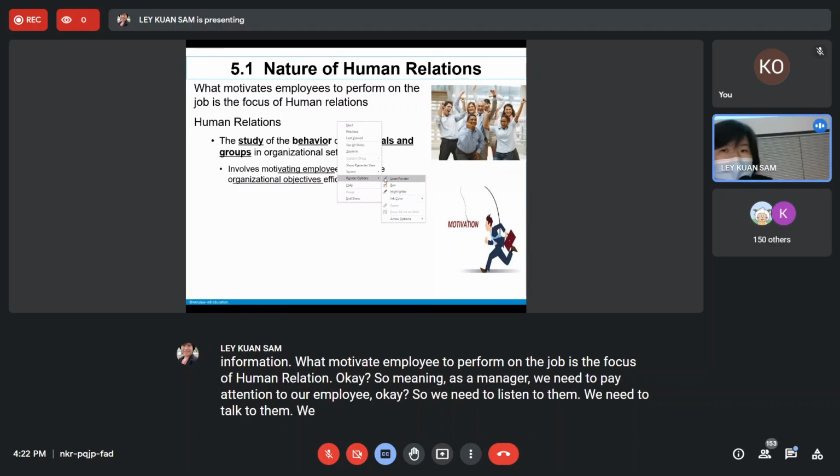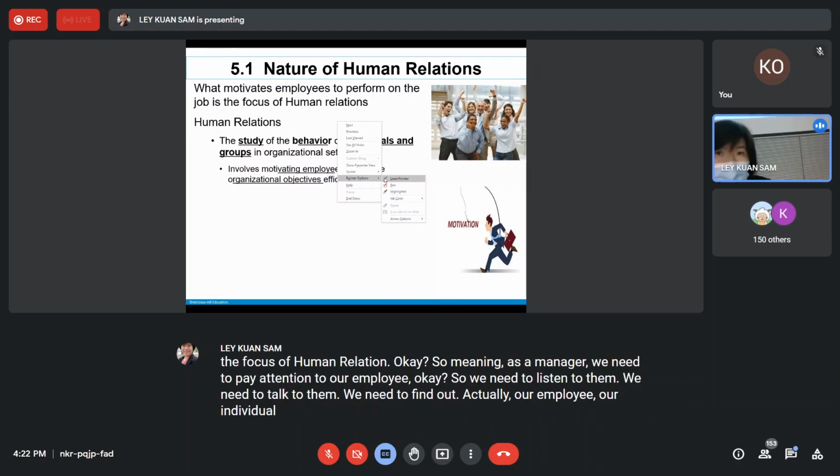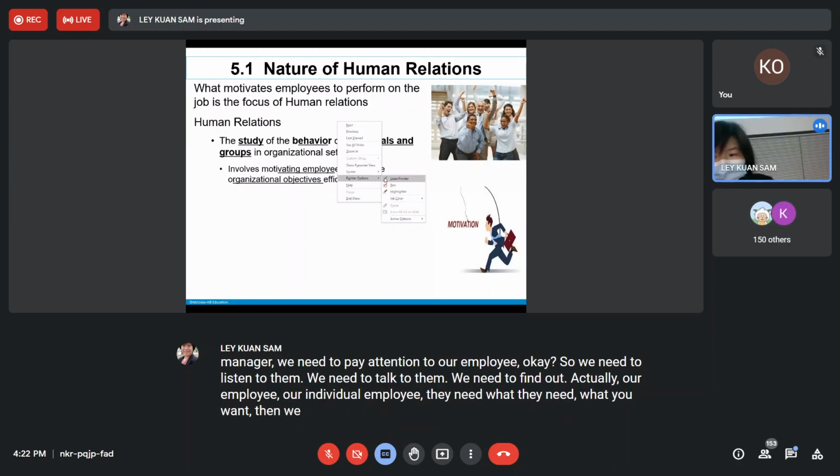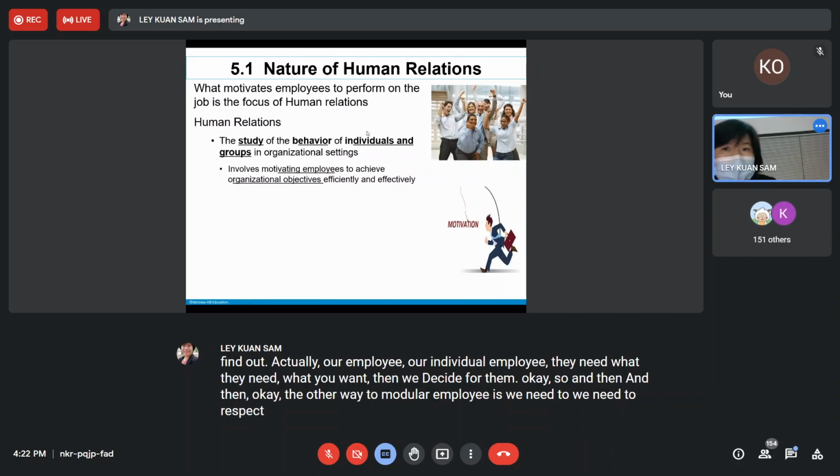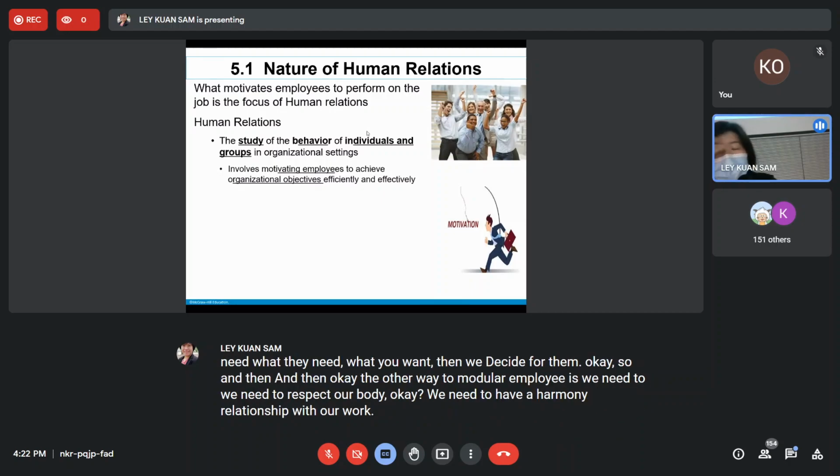We need to find out what our individual employees need, what rewards they need, and then we decide for them. The other way to motivate our employees is to respect them. We need to have a harmonious relationship with our workers.